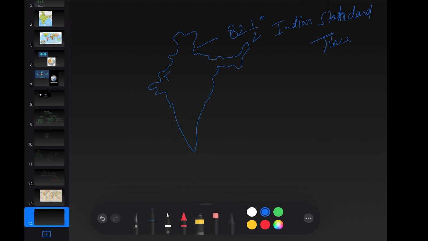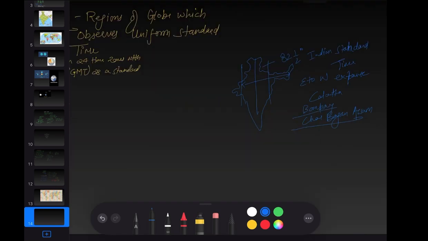But as you know, we have an east to west expanse. So historically, India adopted three time zones: the Calcutta time zone, Bombay, and Chai Bagan of Assam. But we follow a single time, that is 82.5 degrees, because of convenience.